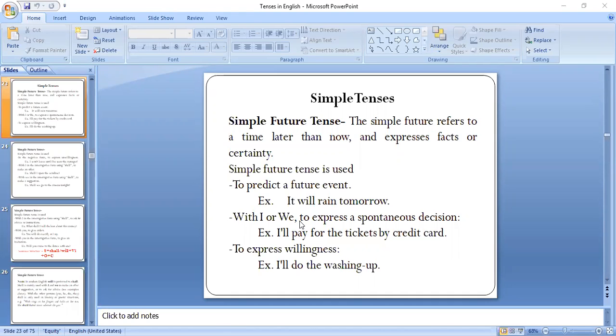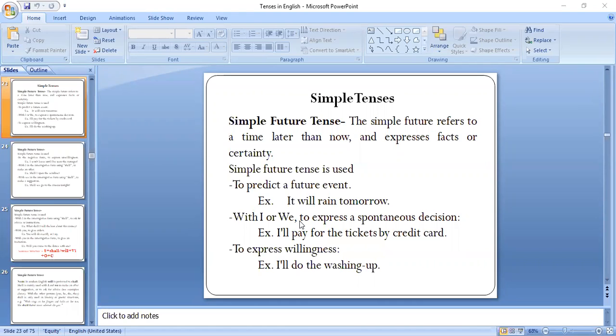If I am going to pay the bill of a hotel or a restaurant, I will say to my friend that I will pay for the dinner today. म्हणजे मी आजचं बिल भरतो.